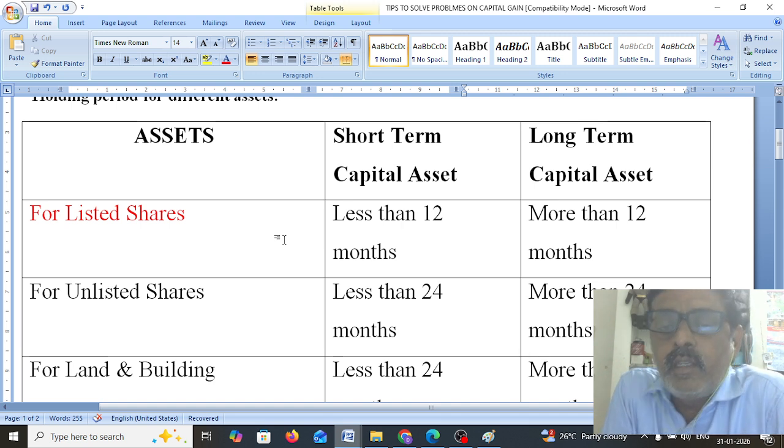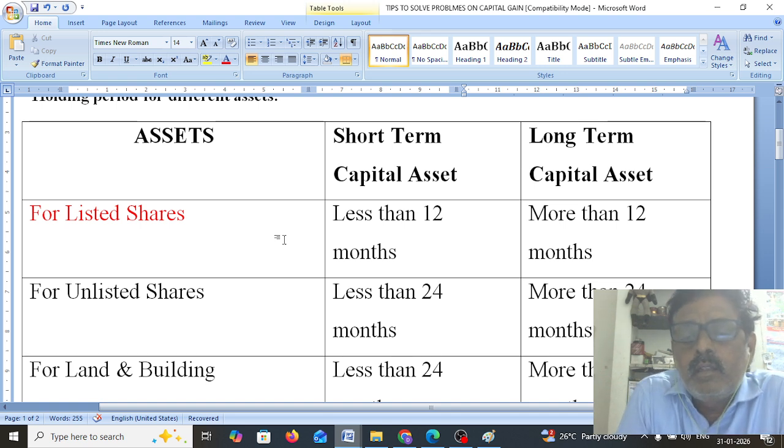And if I sell the listed shares of any company after 1 year, then it is a long-term capital asset. The gain arising out of such a transfer will result in long-term capital gain.